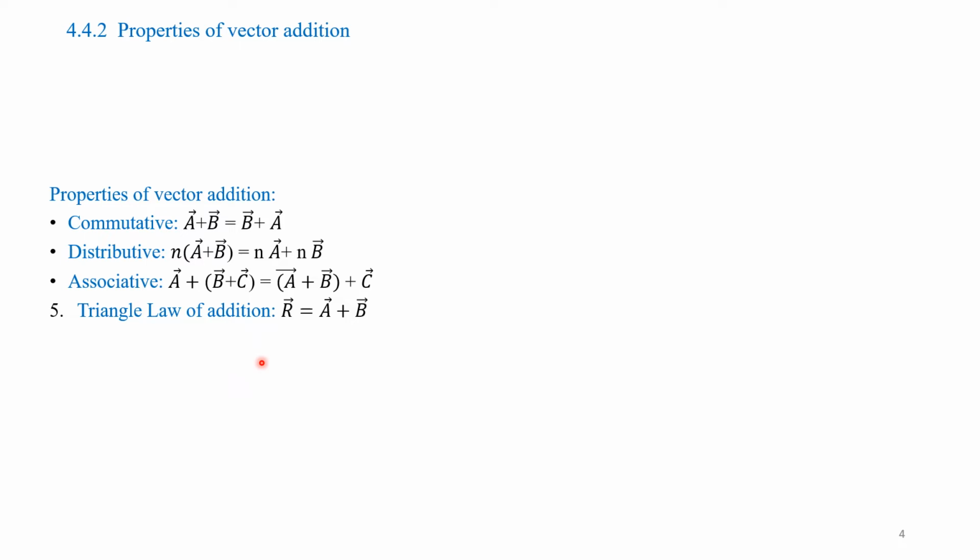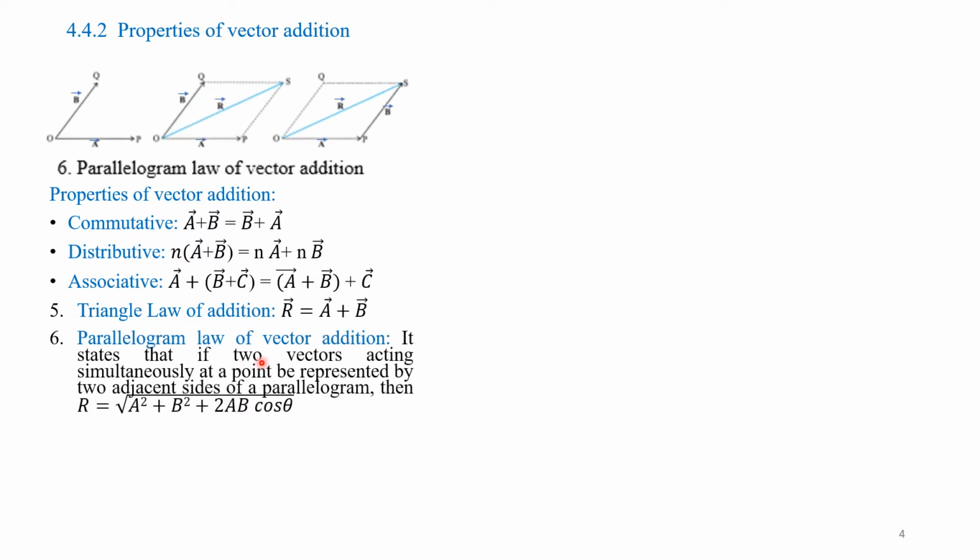Triangle law of addition. Vector R is equal to A plus B, as we have seen. Here is the origin O. OP is a vector A, OQ is a vector B. So we want to add it by a triangular method.